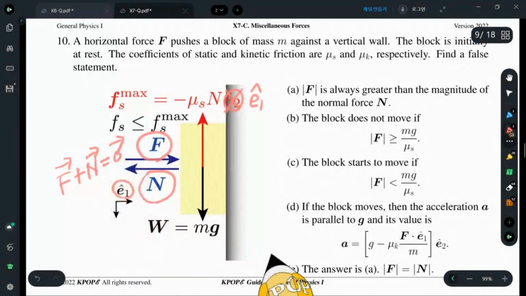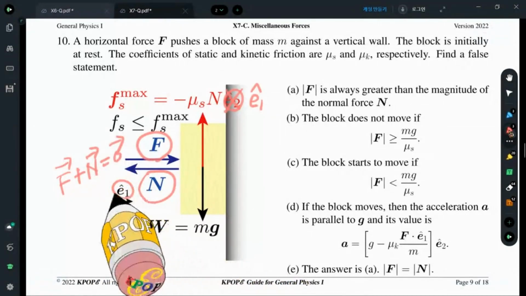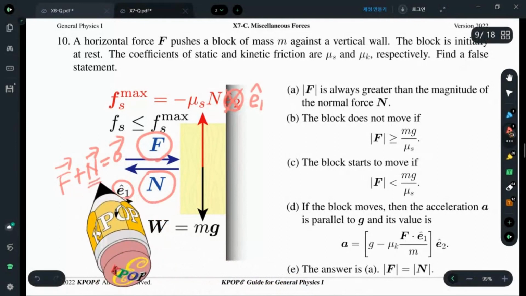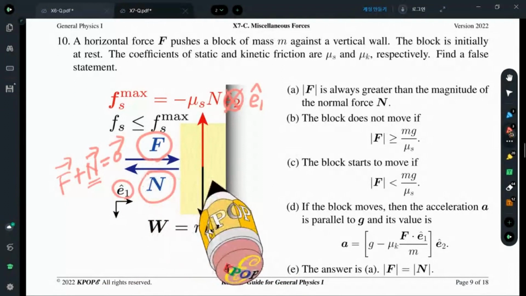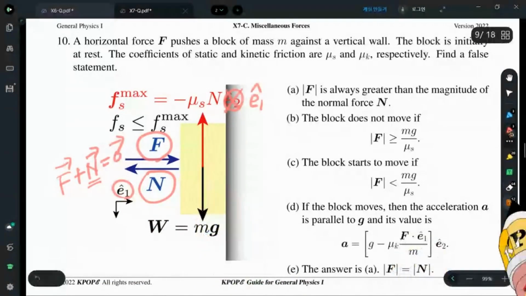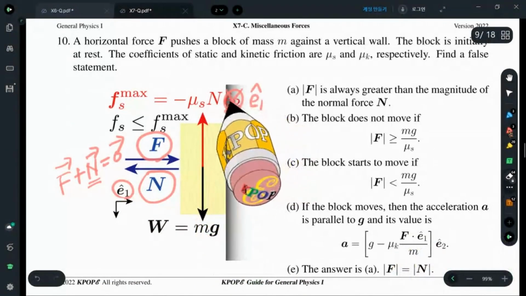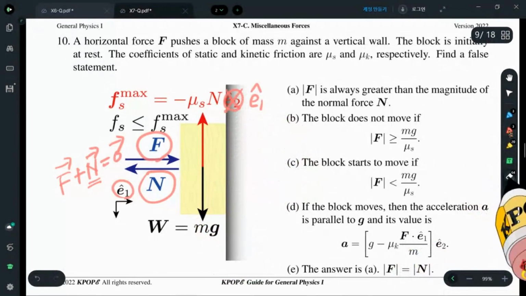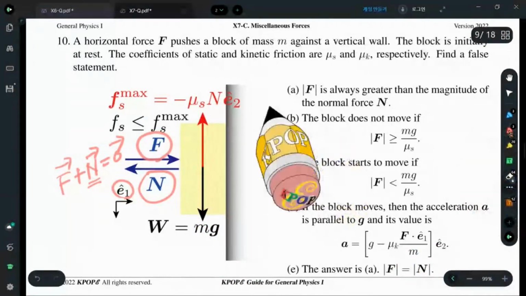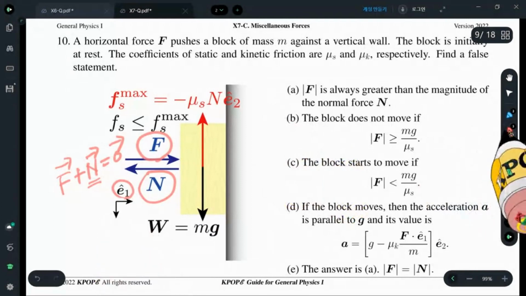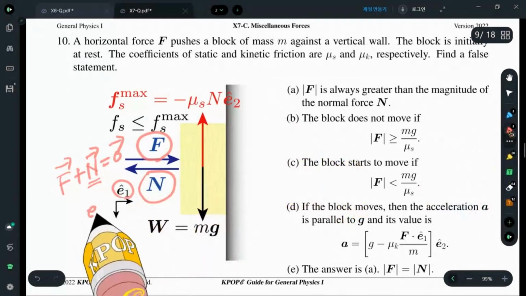Okay? And then because of this normal force, there is a static frictional force, and the maximum value... it is not wrong. It is correct. So E2 is missing in here.